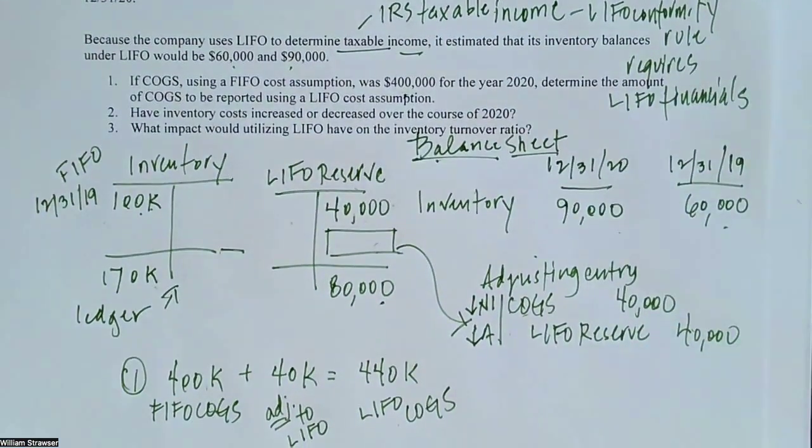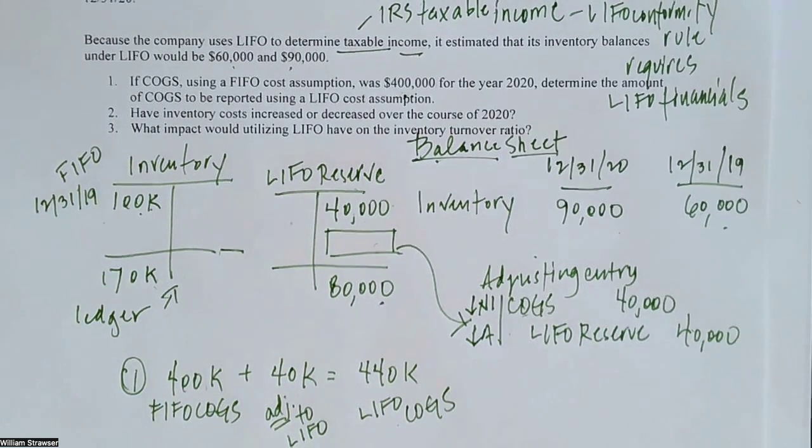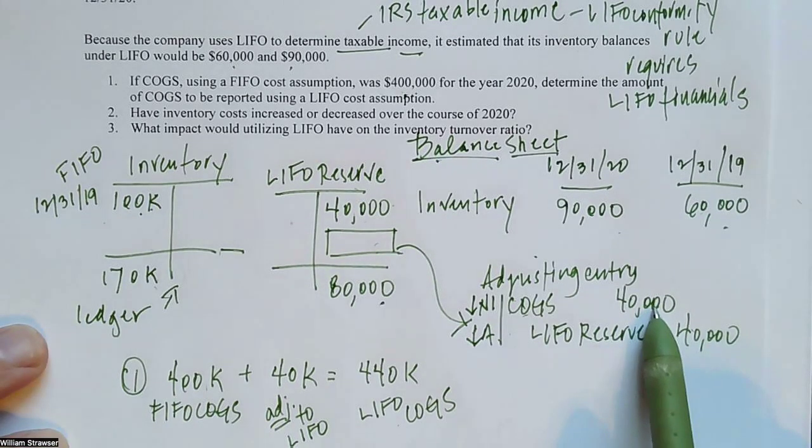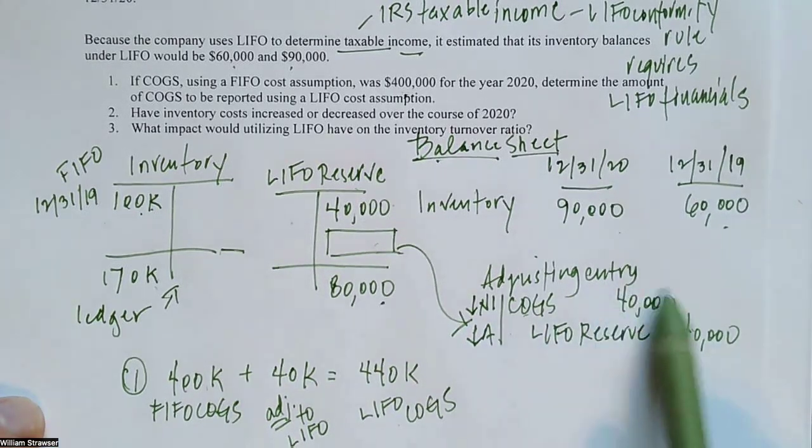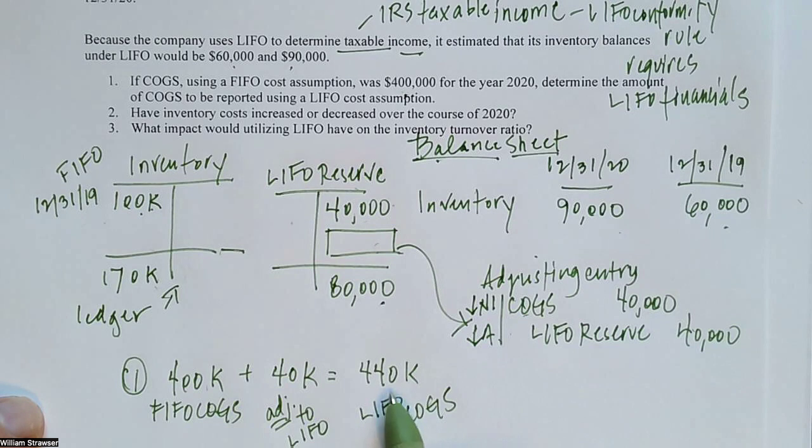All right. And, just a moment of reflecting back on the differences between FIFO and LIFO. Remember, LIFO reports more recent higher inventory costs in cost of goods sold. FIFO tends to report the higher costs as ending inventory. So it makes sense that if we're switching from FIFO to LIFO and inventory costs are rising, we have to increase cost of goods sold because LIFO cost of goods sold tends to be higher than FIFO cost of goods sold.